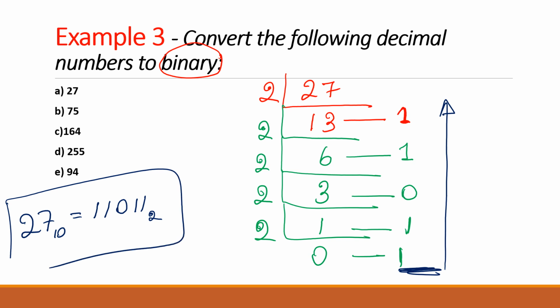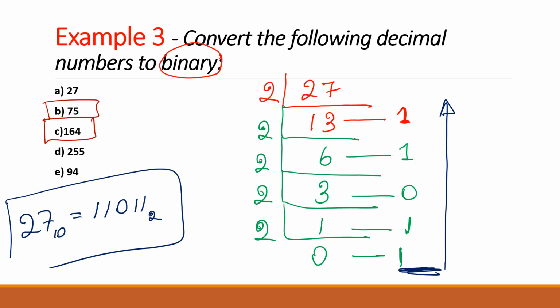So maybe you don't have to do all, maybe can you do 75 and 164? It will be the same. So can you do B and C, please? So the binary is only base 2? Binary is 2, yes. Decimal is 10.